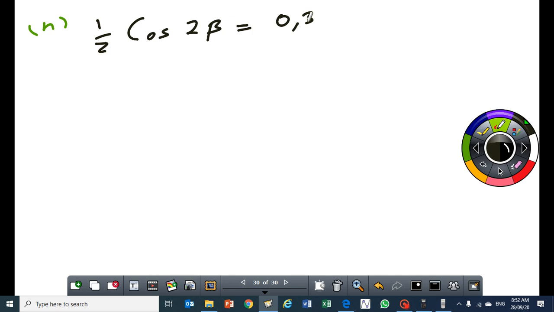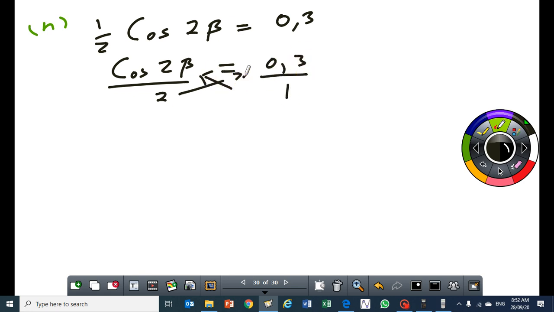Or we can rewrite this as cos 2 beta all over 2 is equal to 0.3 over 1. Then we cross multiply, you will get cos 2 beta is equal to 0.6. Yes, it's the same thing.